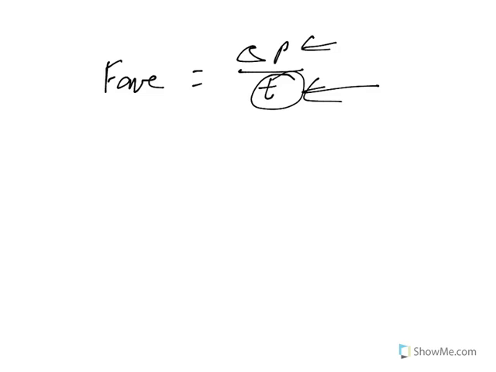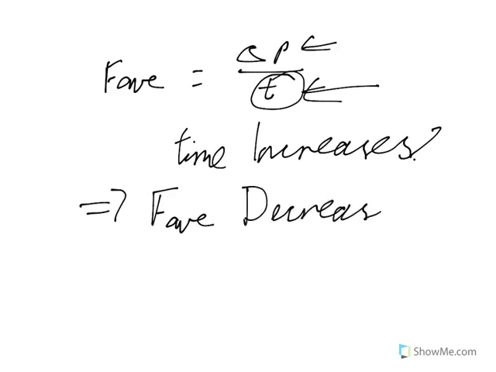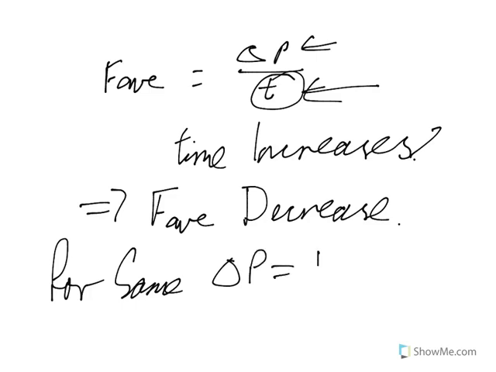This time bit here, we can change this, because if our time increases, what that means is the force is going to decrease, for the same change in momentum, which of course is impulse.